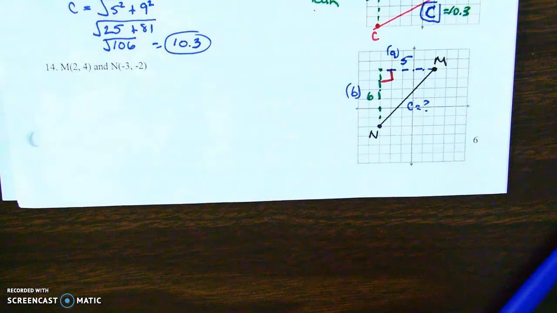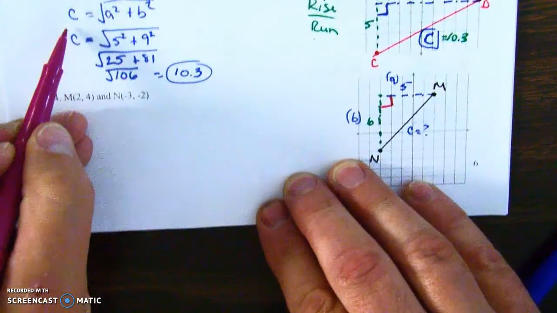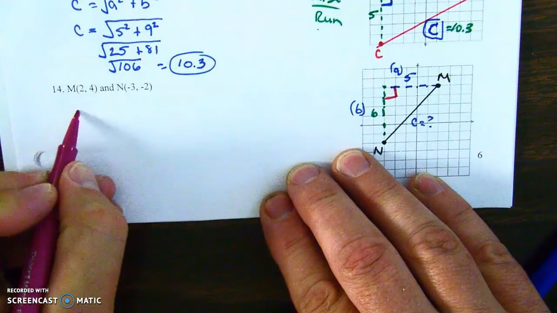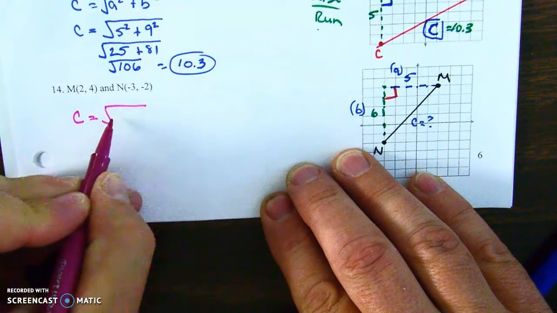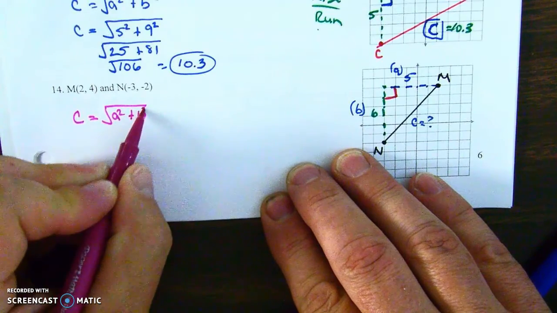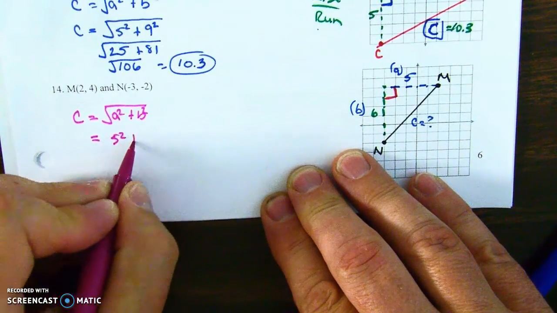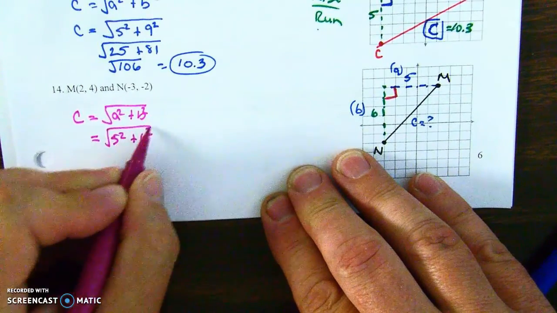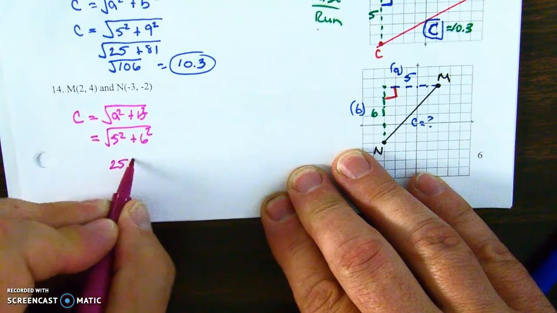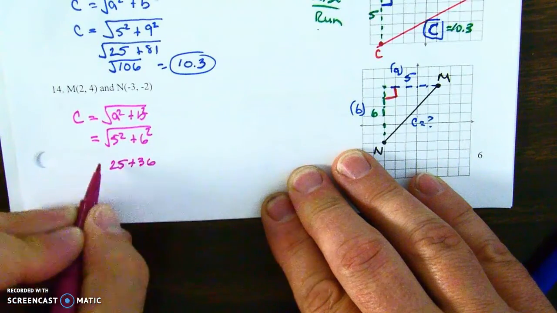Then all we have to do is take our C, which we did up here, and go C equals the square root of A squared plus B squared, which equals 5 squared plus 6 squared. Then we go 25 plus 36.